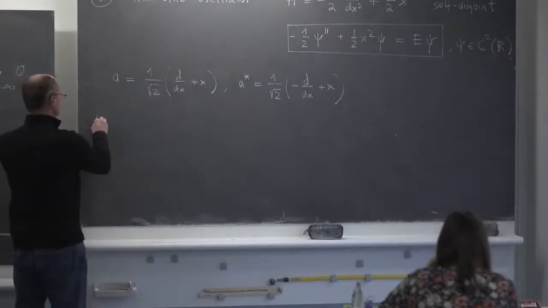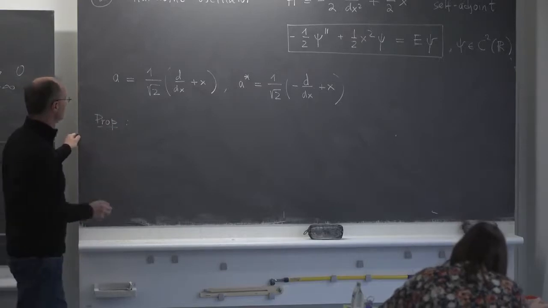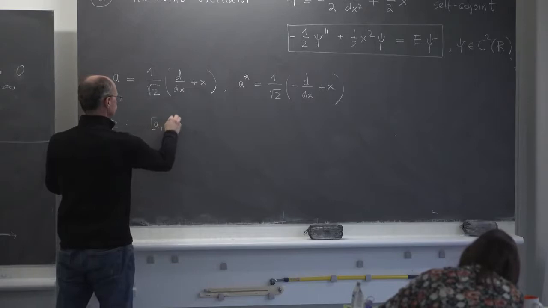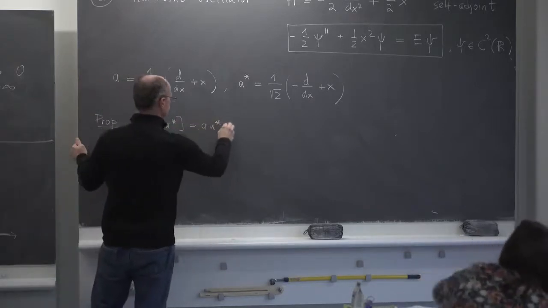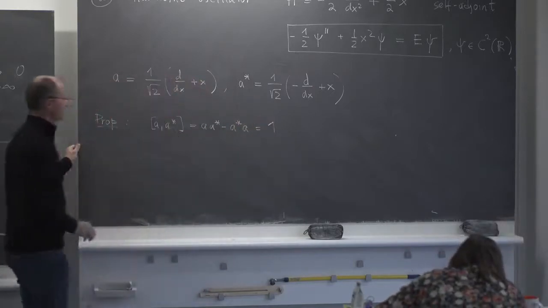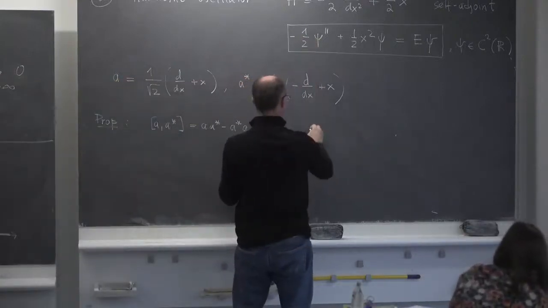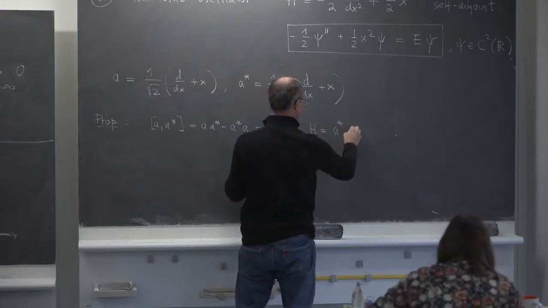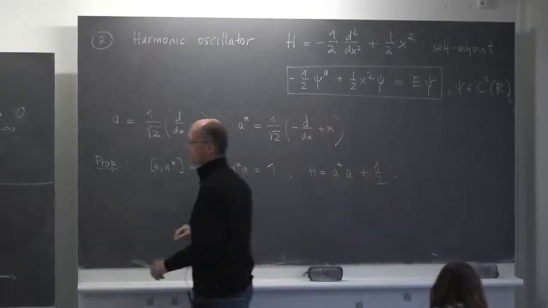So now a small proposition. First of all, the commutator of these two operators is equal to 1, and the operator H is equal to A star A plus 1/2.